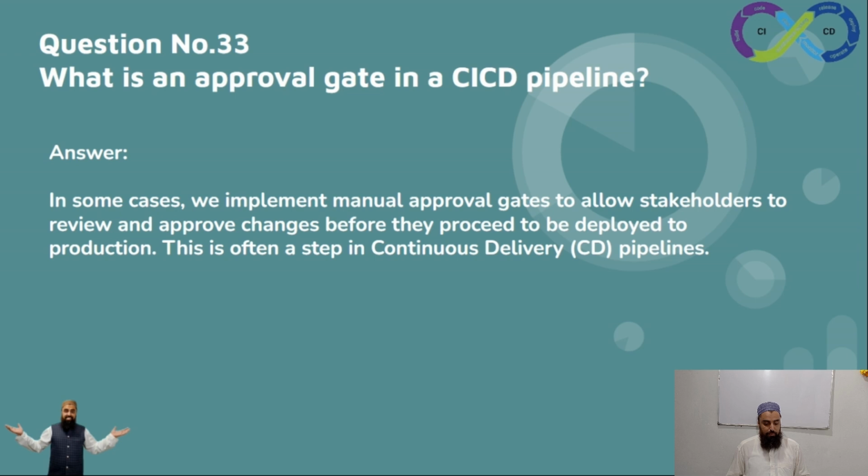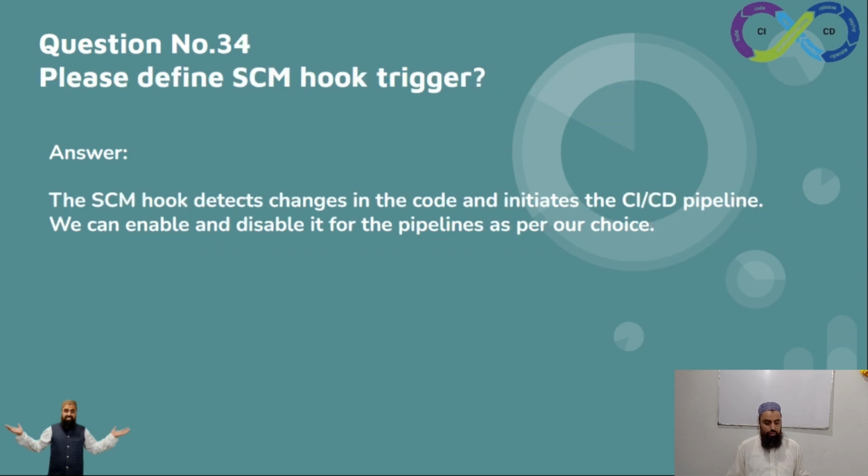This is often a step in continuous delivery, and that pipeline is not fully automated. So definitely we need a human intervention. We need an approval, and that is known as an approval gate so that our code can be deployed to production.